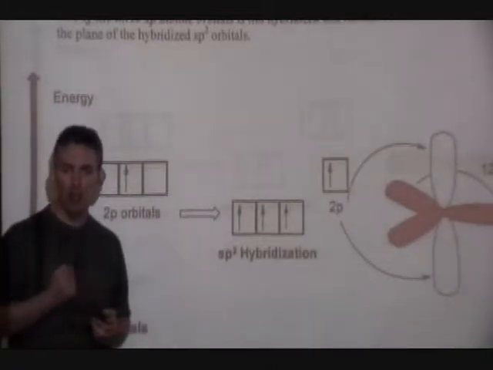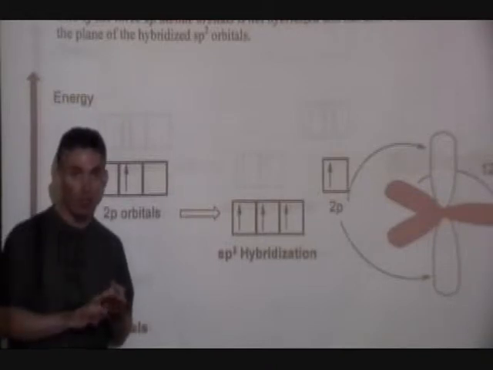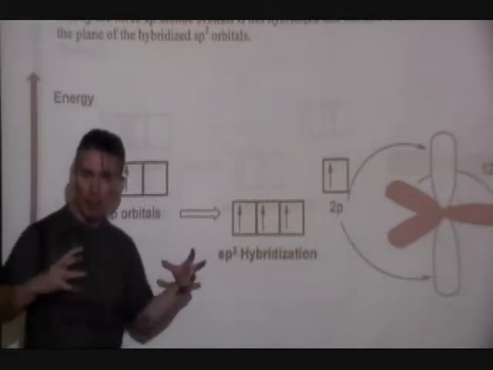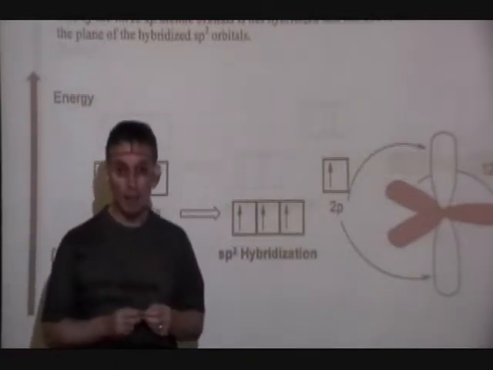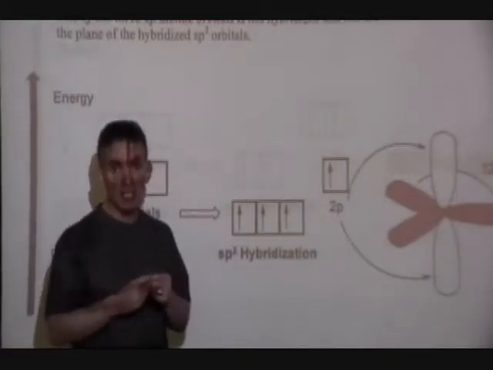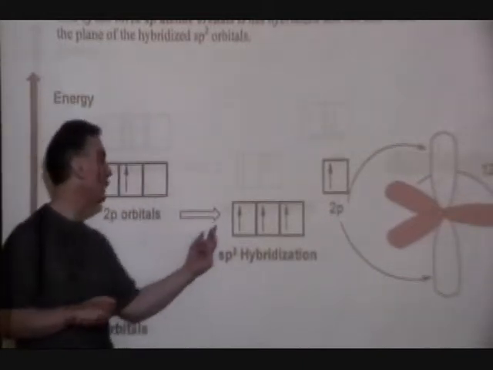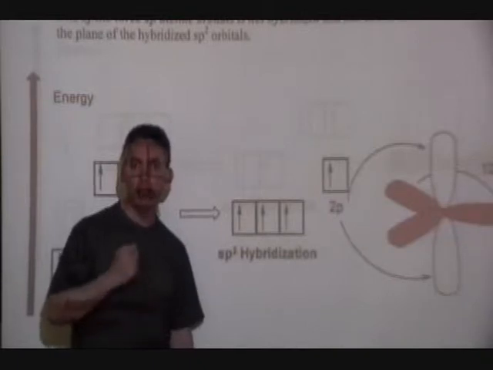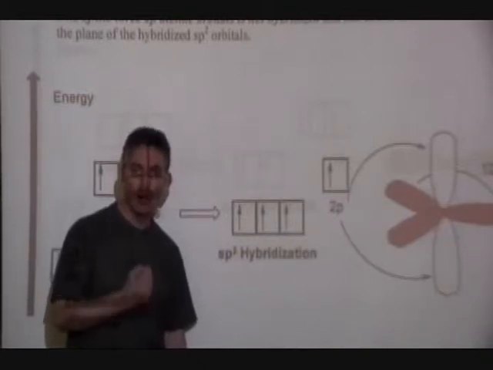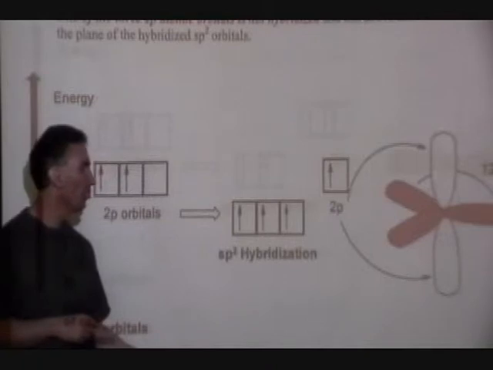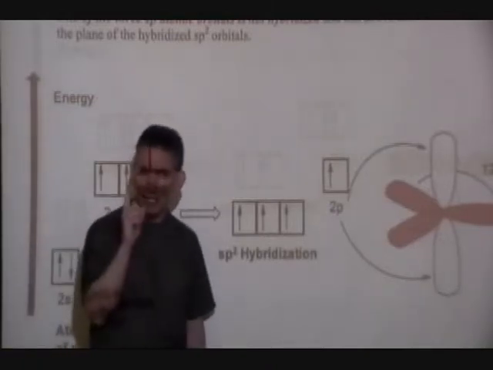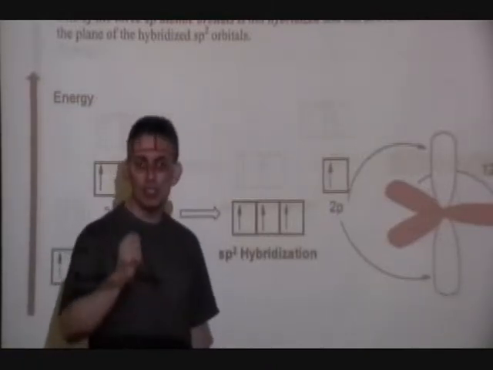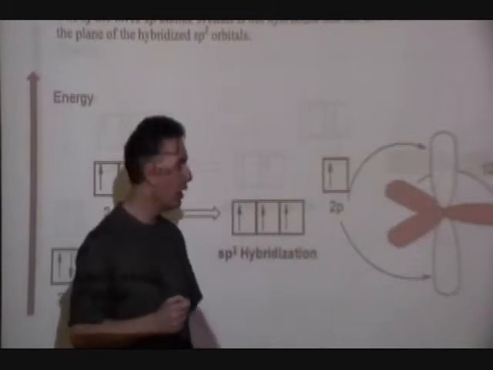With sp2 hybridization, this time we're taking an s orbital and just 2 of the p atomic orbitals and combining them together like wave functions. They come together constructively to produce 3 orbitals of equal energy, 3 sp2 hybridized orbitals, which therefore leaves one atomic p orbital that is not hybridized.